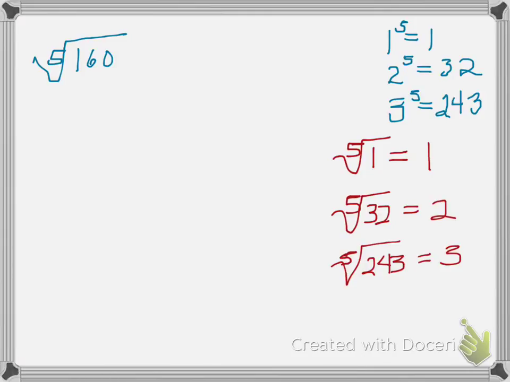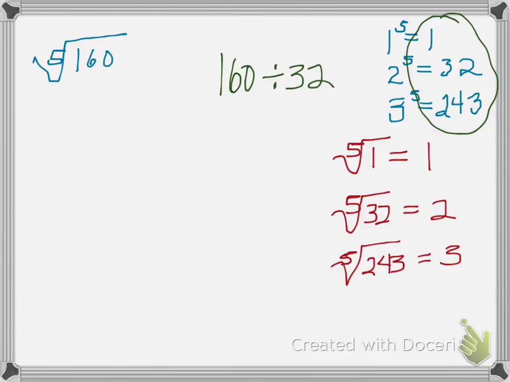So what I do is I come over here and I take this 160 and I start trying to divide it by these perfect fifths. Well, I know that 243 won't go into 160, so I'm going to try 32.